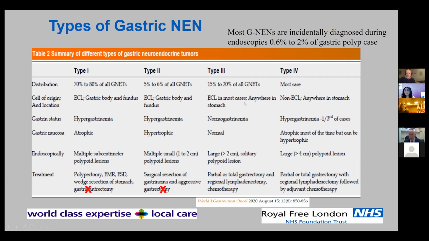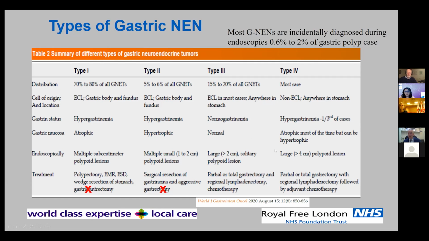Type 3 are much more active, aggressive types of tumors, not associated with hormones as such, with normal acid levels as well, and what's called sporadic, can act like localized cancers depending on the grade of their tumor, and often require a localized resection to remove the polyp.